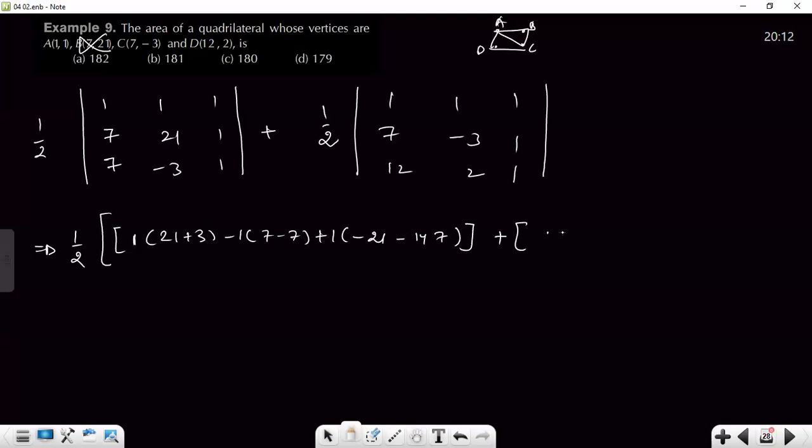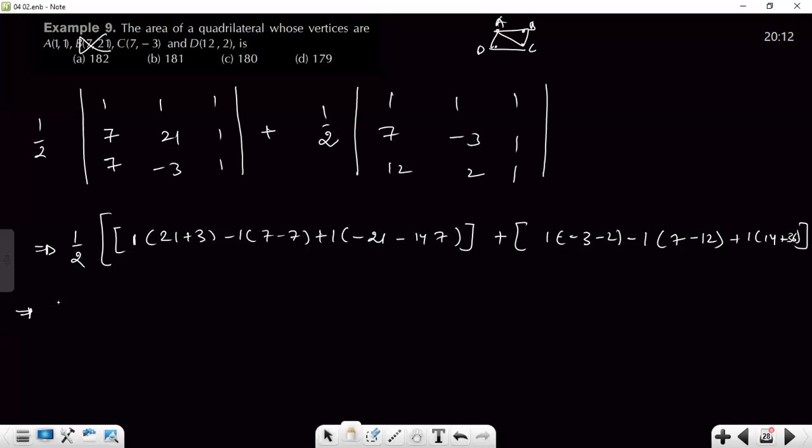Plus 1 into minus of 3, minus of 2, minus of 1 into 7 minus 12. I'm writing it correctly. 1 into 7 into 2, 14. 12 minus 3, minus 30, minus minus plus 36.